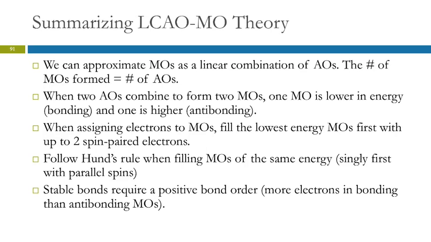When you're assigning electrons to the molecular orbitals, you fill the lowest energy ones first. You follow Hund's rule, where they're going to go in singly first with parallel spins, and then you pair them up with opposite spins. In order to have a stable bond, the bond order has to be positive. That just means that you have more electrons in the bonding orbitals than in the antibonding orbitals, because the antibonding orbitals fight against bonding, and the bonding orbitals promote bonding.